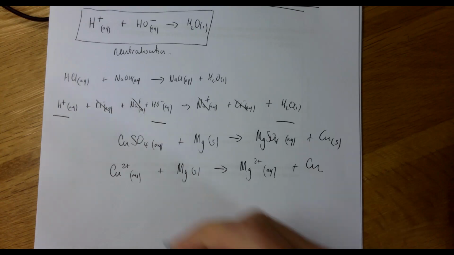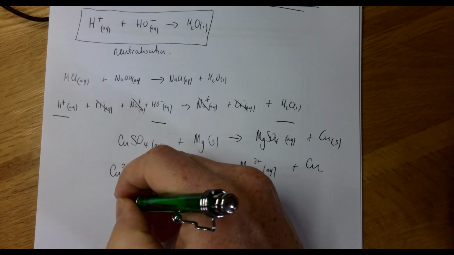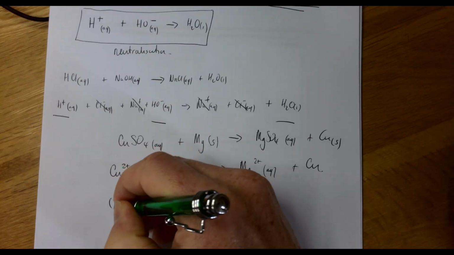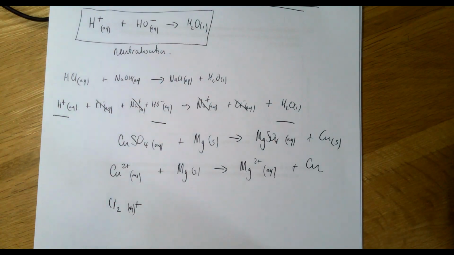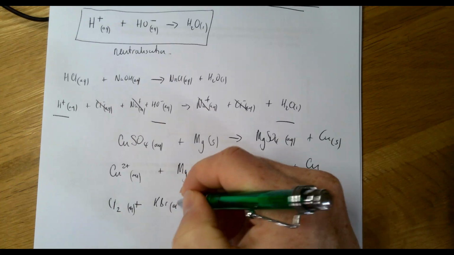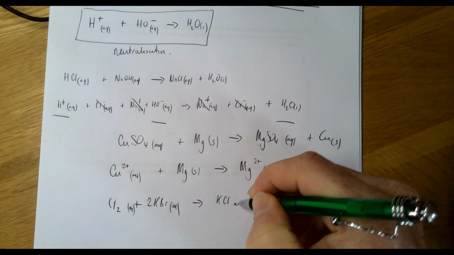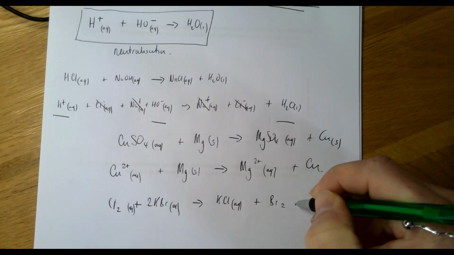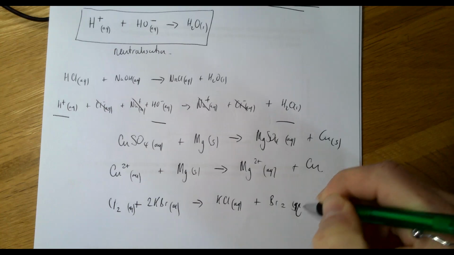Another example which is similar to that is another displacement reaction. In the group 7 topic, you have to know that more reactive halogens like chlorine, when dissolved in water, so chlorine water, will react with potassium bromide solution to give potassium chloride solution and bromine dissolved in water, that's meant to say (aq) there.